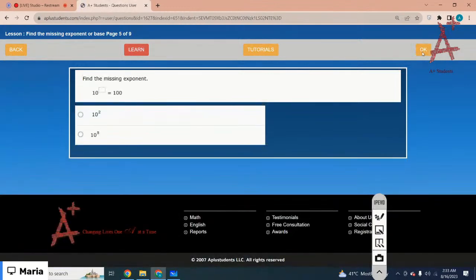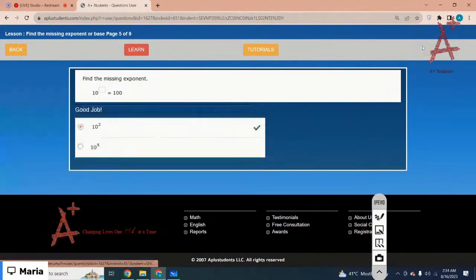Okay, the next one is find the missing exponent. Which is the correct option? Yes, it is 10 exponent 2, because you have only 2 zeros with 100, right?